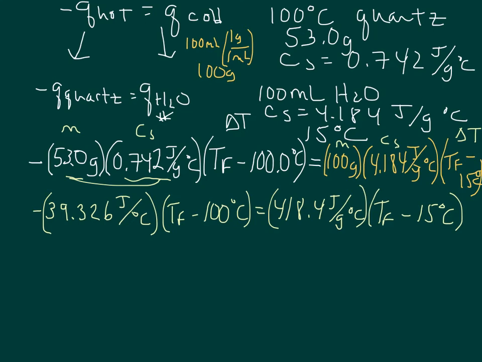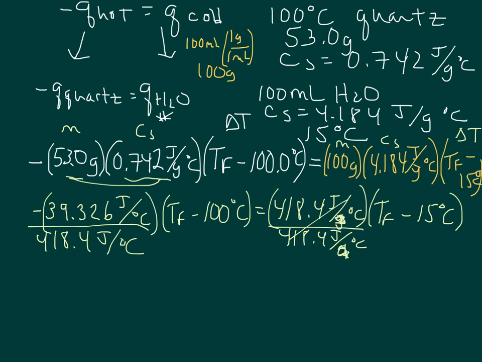Okay, let's go ahead and divide this out. So 418.4 joules per gram degree C. Divide this, 418.4 joules per, sorry, no gram there. The grams went away. So we have joules per degree C. And let's do some more math here.